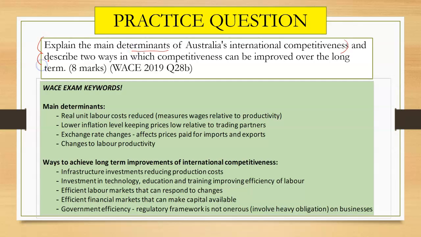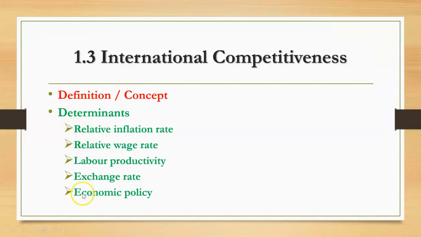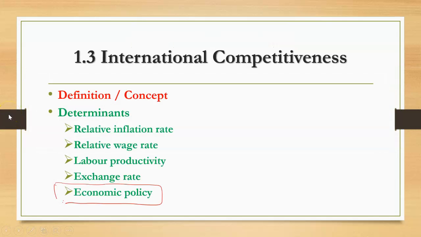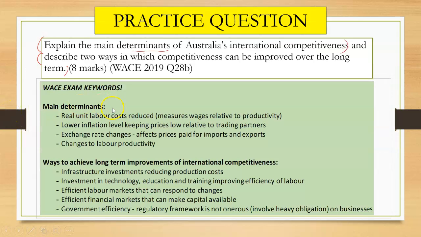The second one is what can the authority do to improve competitiveness. Like what I've mentioned just now, there are 5 determinants. If the question asks you what government can do, it has to be the last one. Each of these can be 2 marks depending on your explanation. So the rest, you can use as determinants.